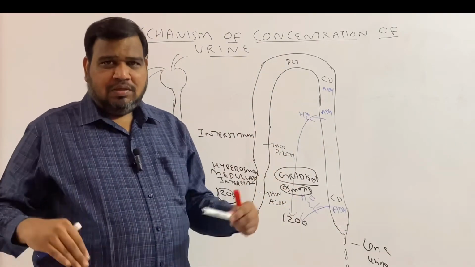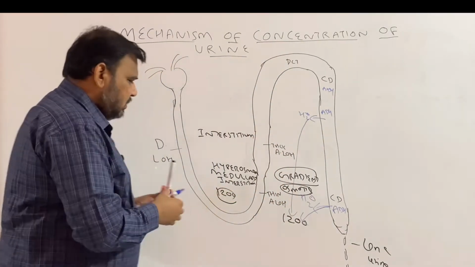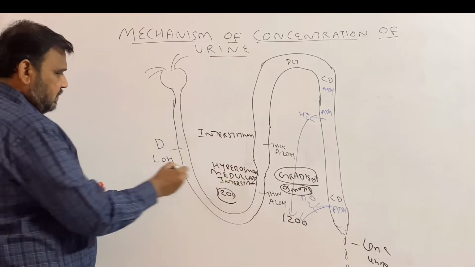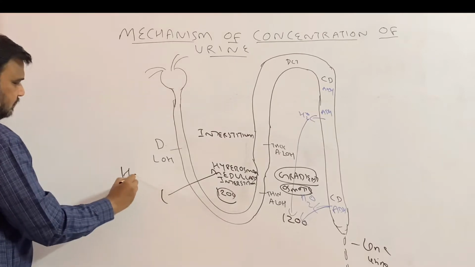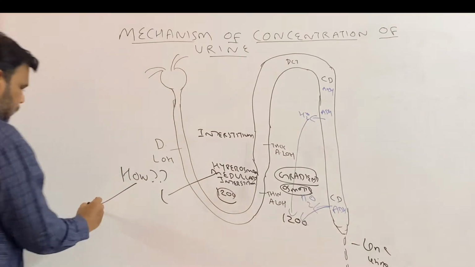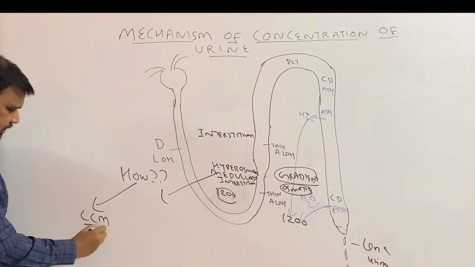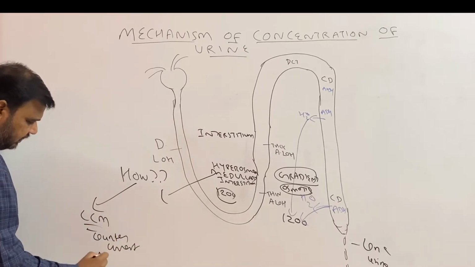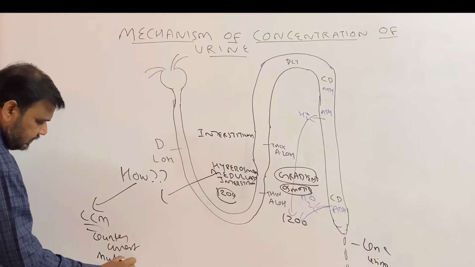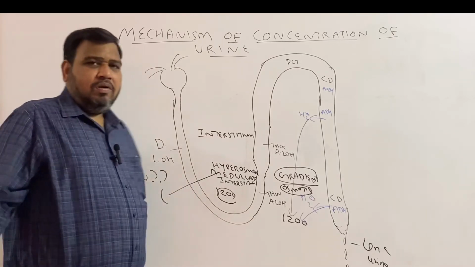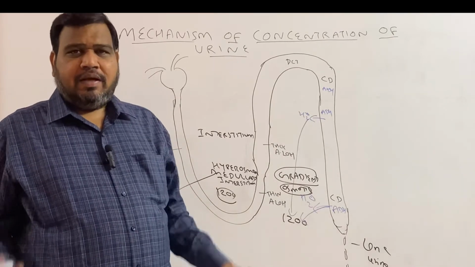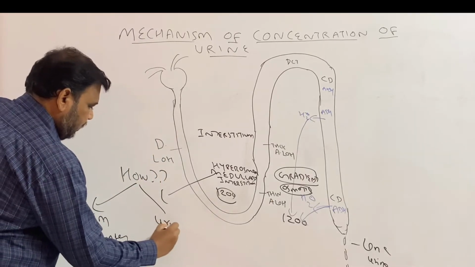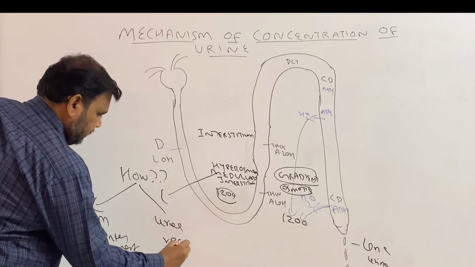Okay, understood. Now the next question: how to get this 1200? This is the medullary hyperosmolar interstitium. How do we get it? We call that CCM, countercurrent multiplier. Countercurrent multiplier is one mechanism by which the medullary interstitium becomes hyperosmolar, and another one is urea recycling.